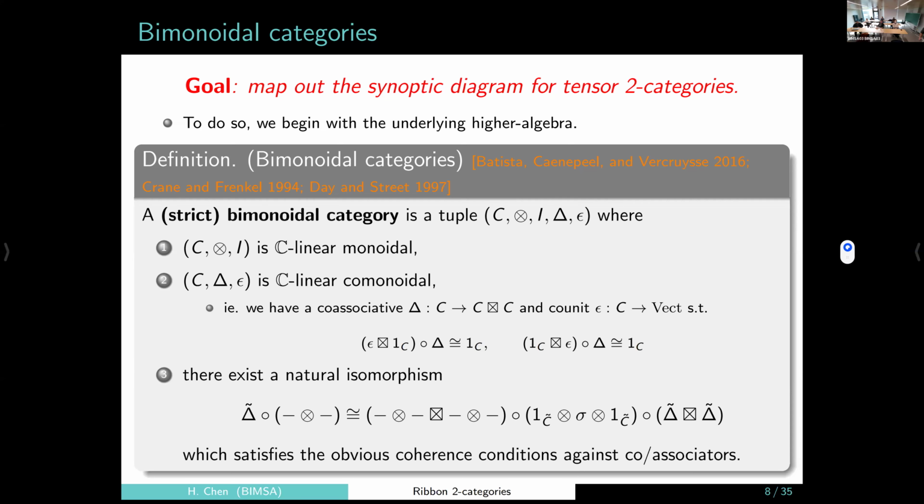So you just very naturally lift the data or the structure of these bialgebras to the categorical setting. Of course, these things are now data, and I have to tell you how they interact, but they interact in a very obvious way.